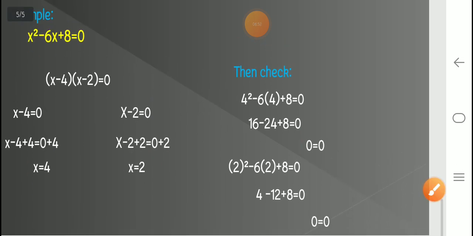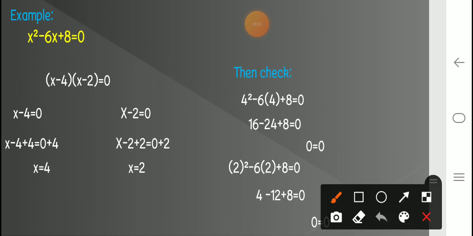Then next is our x minus 2 is equal to 0, and the result is x is equal to 2. So let's simplify. x squared minus 6x plus 8 is equal to 0, and the value of x is 2.